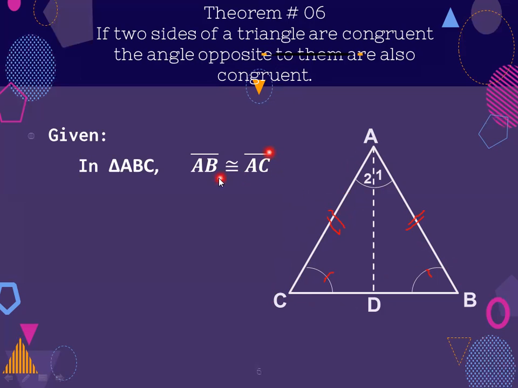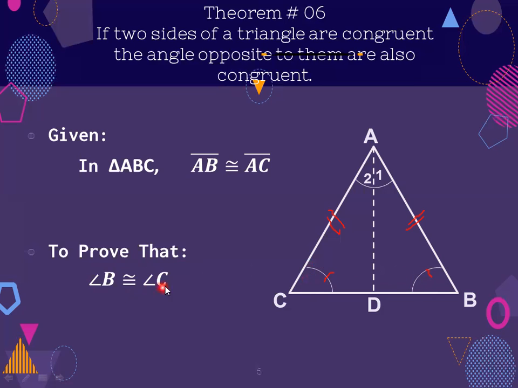If the sides are congruent, their opposite angles will also be congruent. What are their opposite angles? Angle B and angle C. So what you have to prove is that angle B is congruent to angle C.